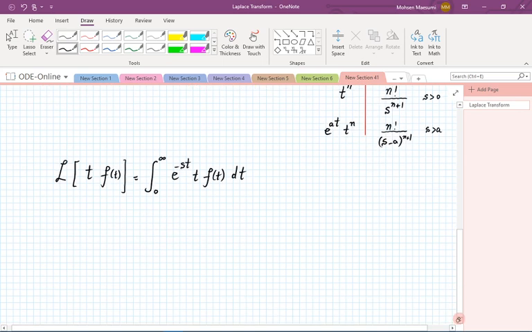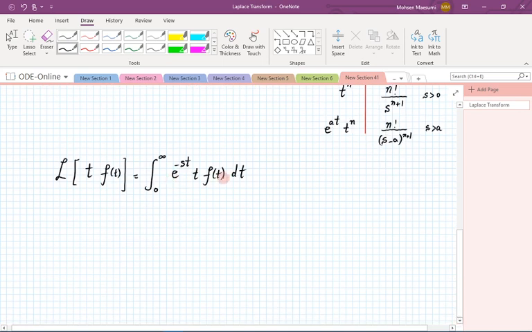Now I notice that this expression can be written as a derivative with respect to s.